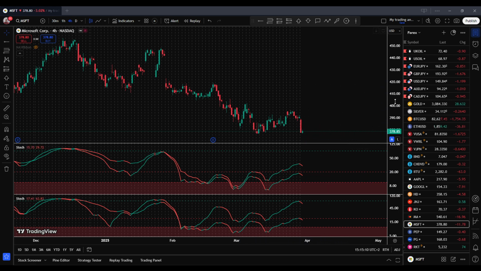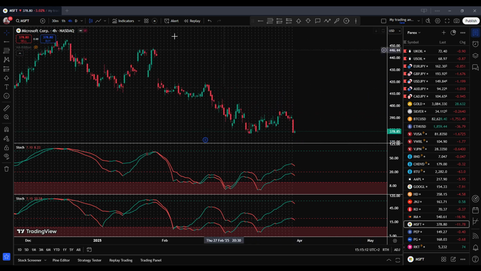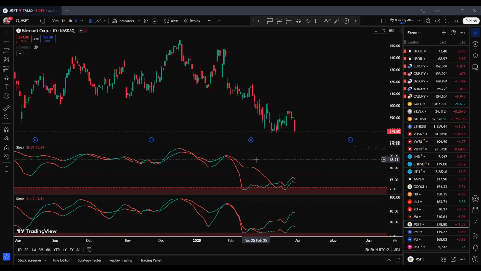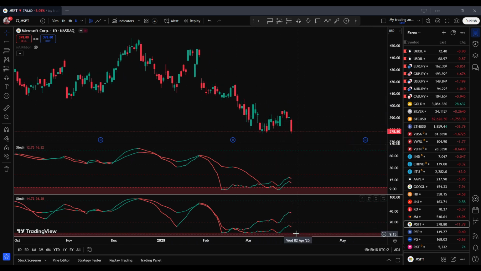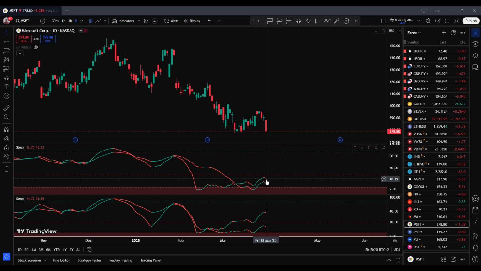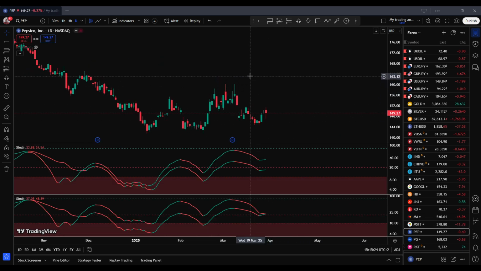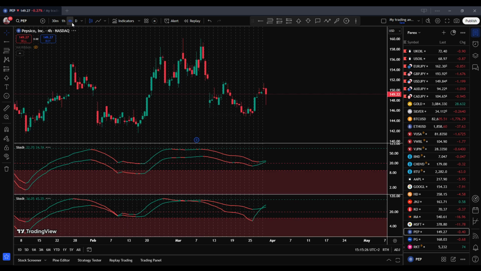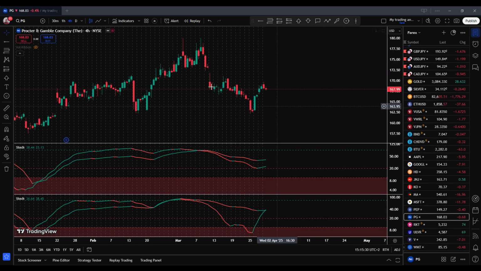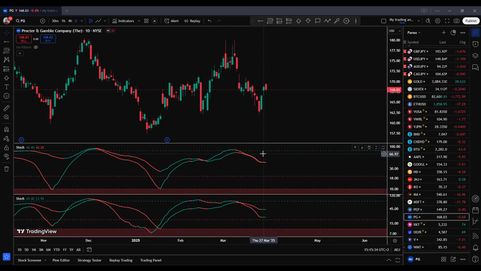Still waiting to fall down even more. On the daily, same picture, waiting to reach this oversold zone. PepsiCo, nothing in here. Procter & Gamble, nothing in here.